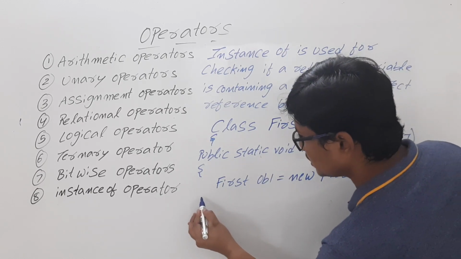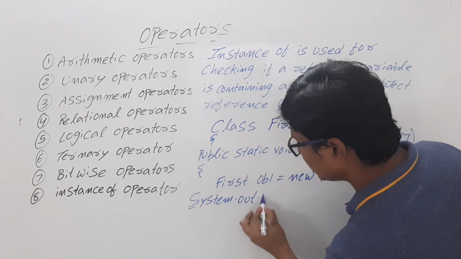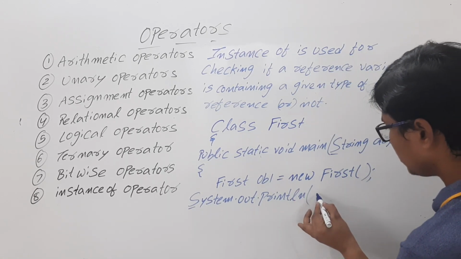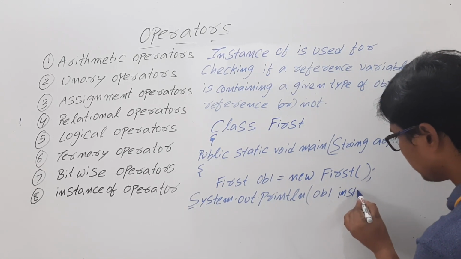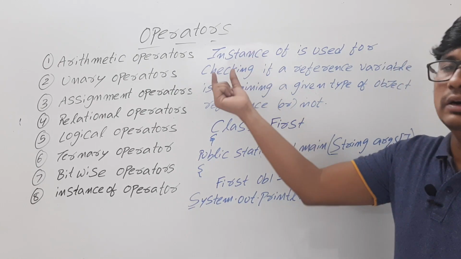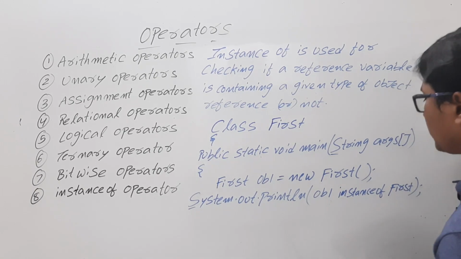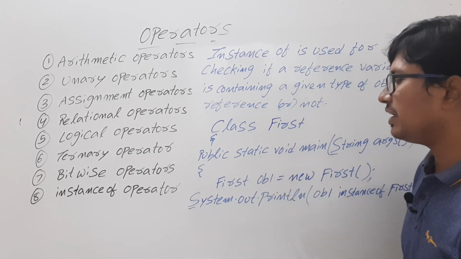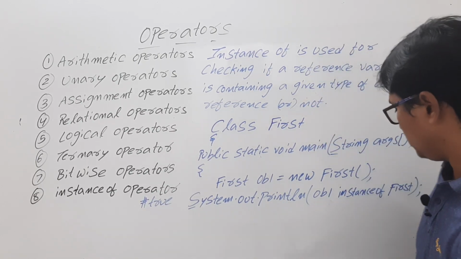You can write System.out.println, ob1 instanceof first, where instanceof is a single word. If ob1 belongs to the class first, then it will produce the output as true, else it will produce false.